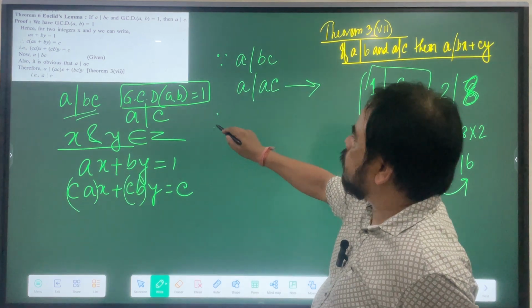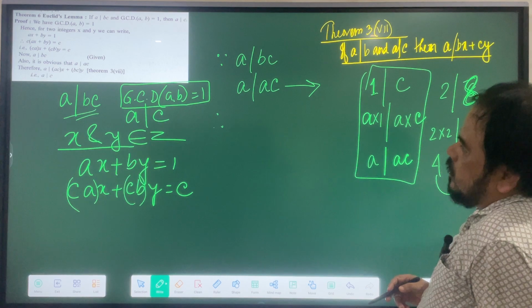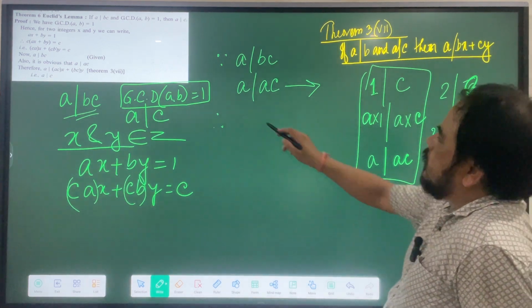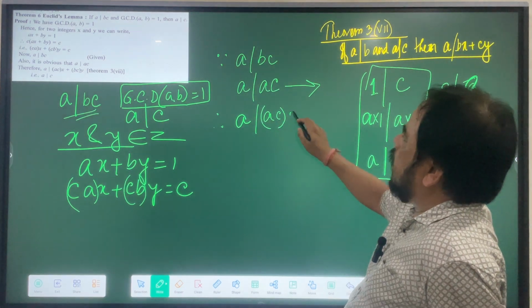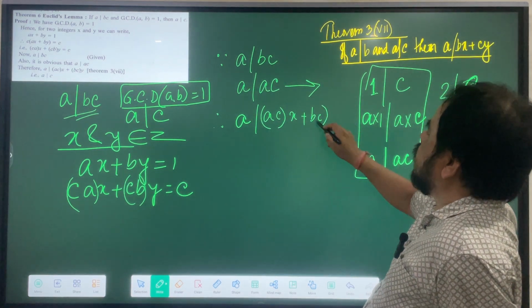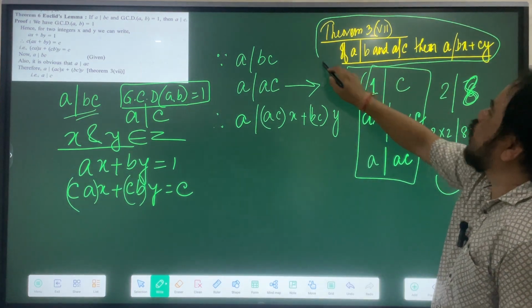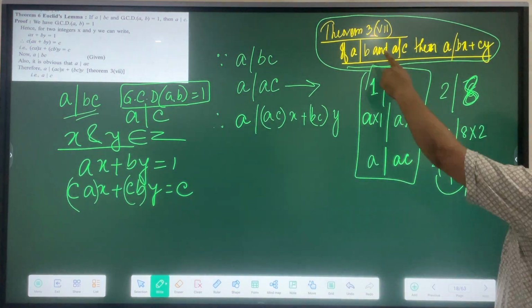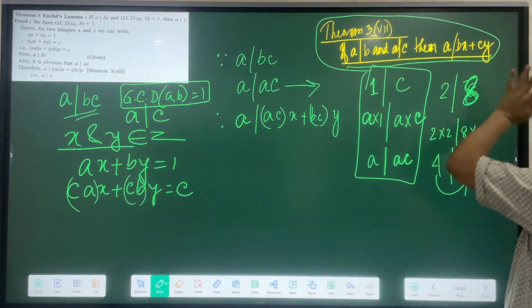Now, therefore, A divides AC means A divides ACX plus BCY. This has come from this theorem, which I have written here, theorem number 37. Look here, if A divides B and A divides C, then A divides BX plus CY.